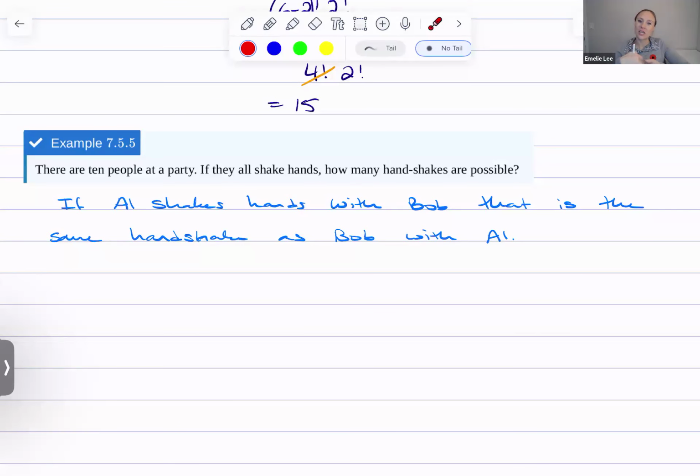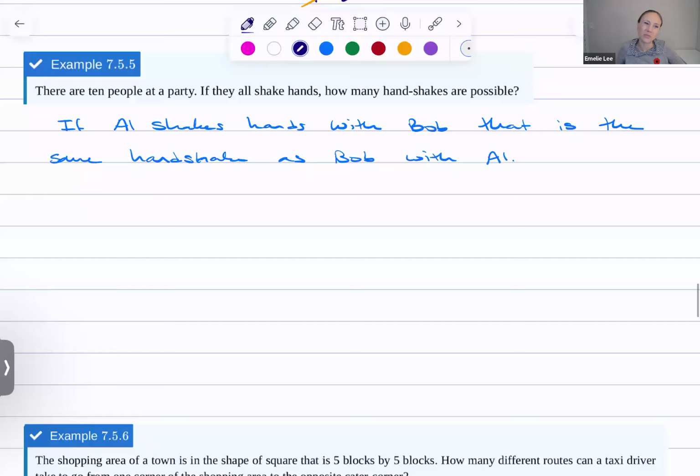It's just 2 people shaking hands and it doesn't matter which order. In fact, there is no order, right? So from 10 people, I want to choose combinations of 2, assuming it's a 2-man handshake. They didn't specify, but I think it's safe to assume.